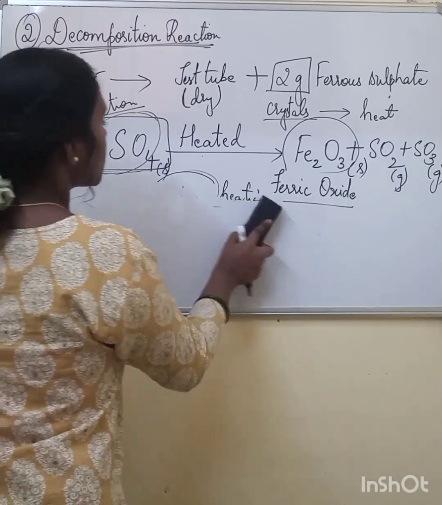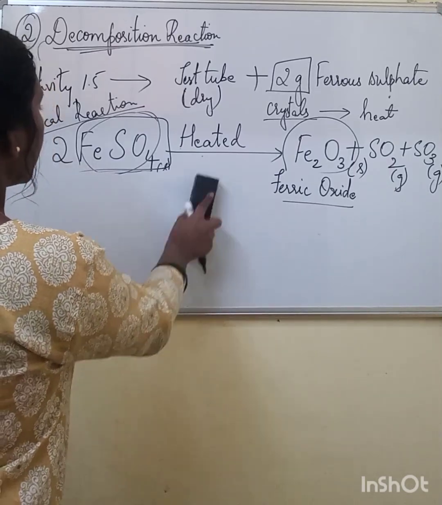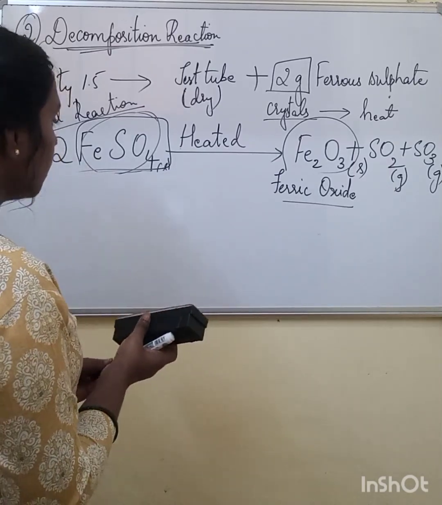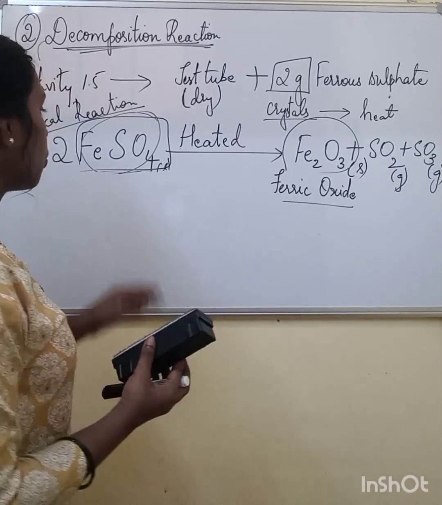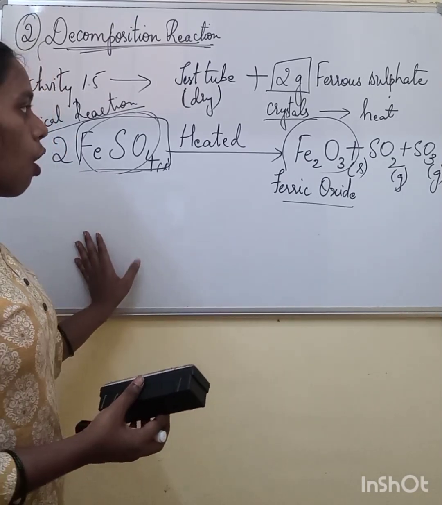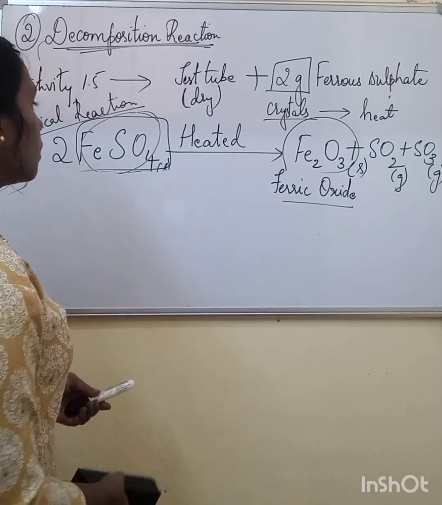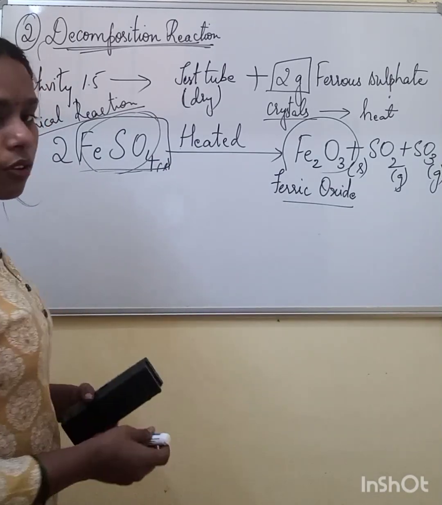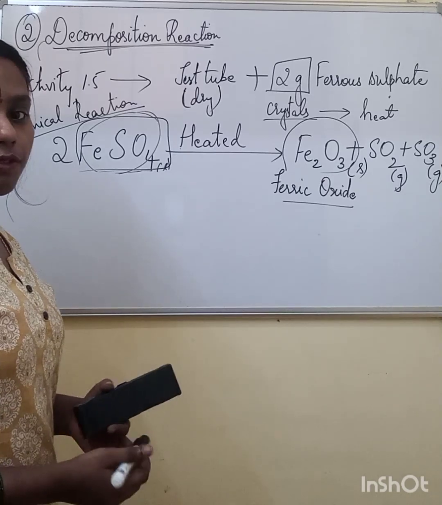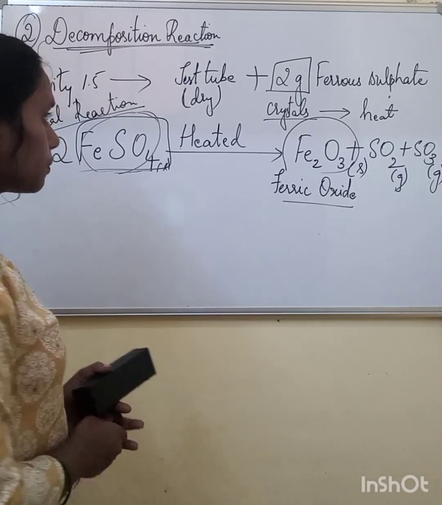So that is why FeSO4 changes its color. You will get a question saying why FeSO4 changes color on heating. So FeSO4 crystals, it will be having 7 molecules of water with it. On heating, it will lose those water molecules. So on losing water molecules, the color of the FeSO4 will change from green color to other color.